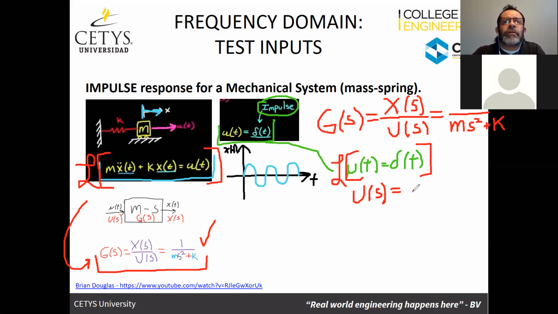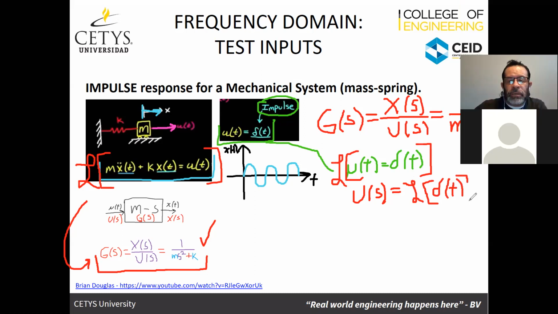Somebody tell me what is the Laplace transform of the Dirac delta? How are we going to find that? There's a bunch of tables that we can use. Basically, any Laplace transform table that you can find has the Dirac delta.